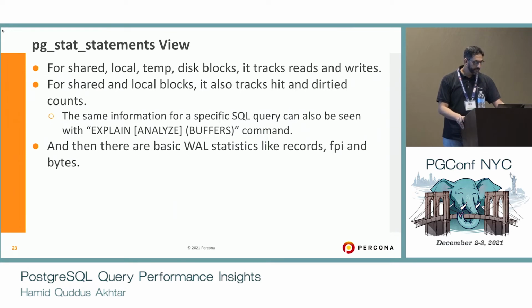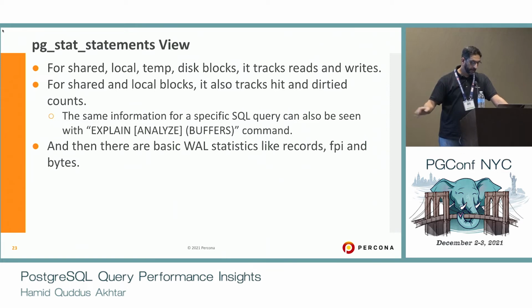useful. And what it also tracks is how many times you've hit those. So whether they've been accessed from cache, or how many times those have been dirtied, and how many times those blocks have been written. You can get pretty similar information from explain analyze buffers, which will tell you about the number of times those blocks were hit.